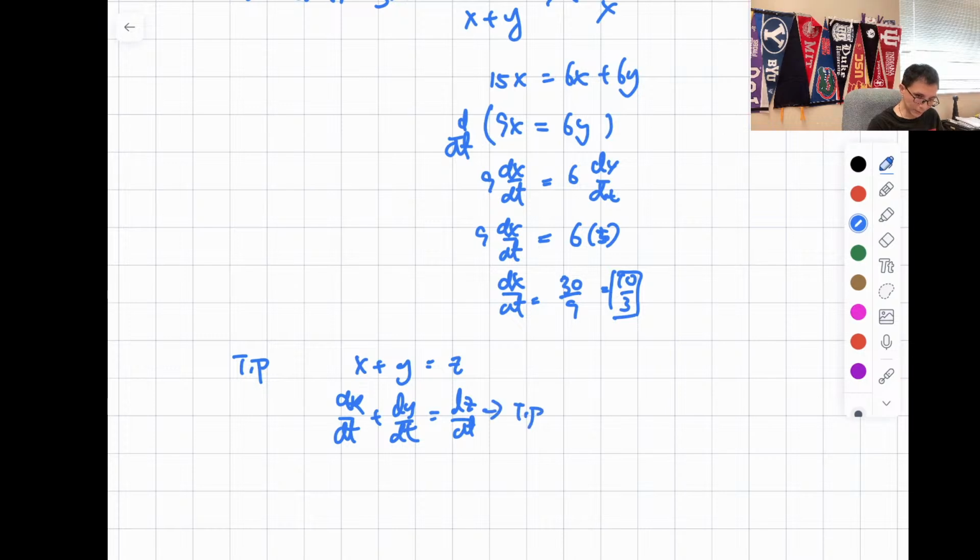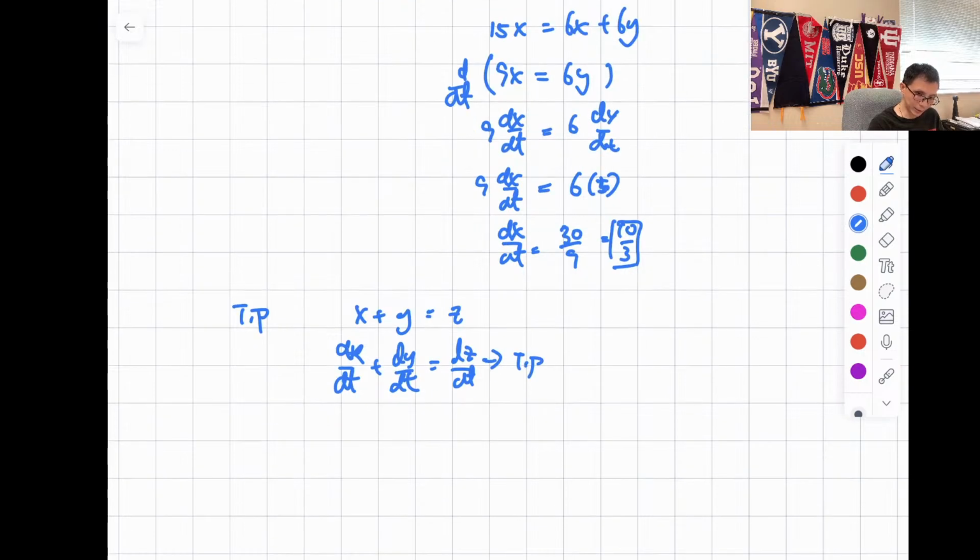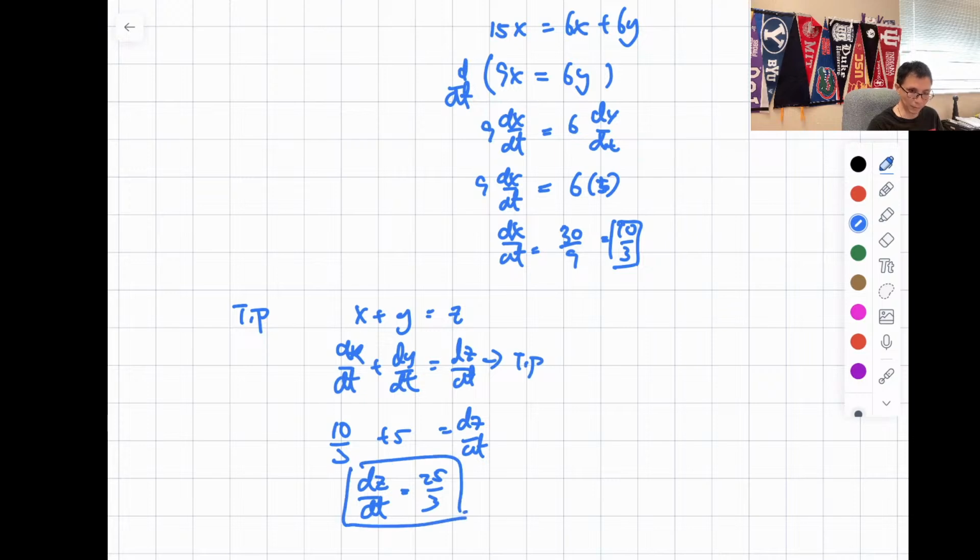Is that okay? So dx dt is 10 over 3. We have 5, equal to dz dt. So dz dt is equal to 25 over 3. And there we go, there's the problem. We answered both problems.